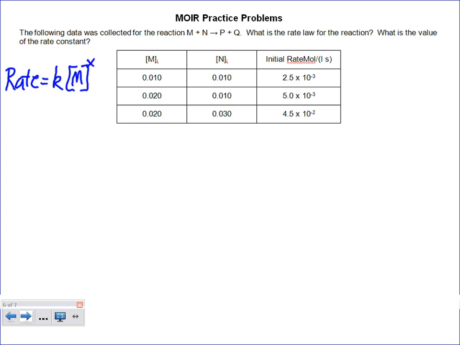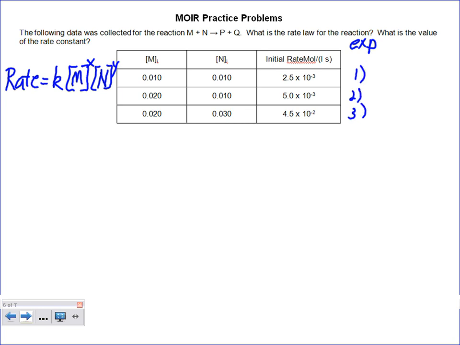So it's going to be an x and then a y. That's what my rate law is going to look like. Now I need to figure out which two experiments have only one of those concentrations equal. So maybe over here I'm going to write EXP for experiments 1, 2, and 3.